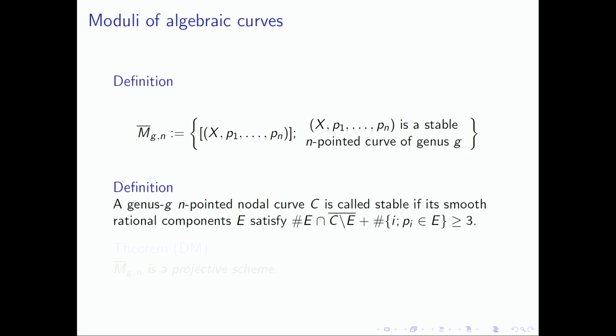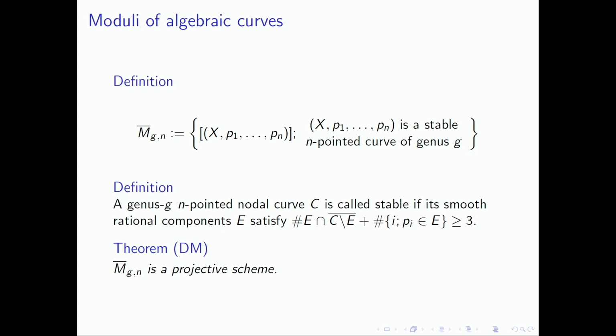And so if we consider M_{g,n} bar, which is the moduli space of n-pointed stable curves of genus g, then a famous result by Deligne and Mumford tells us that this is a projective scheme. So we have this very good and beautiful moduli space often considered in the literature.